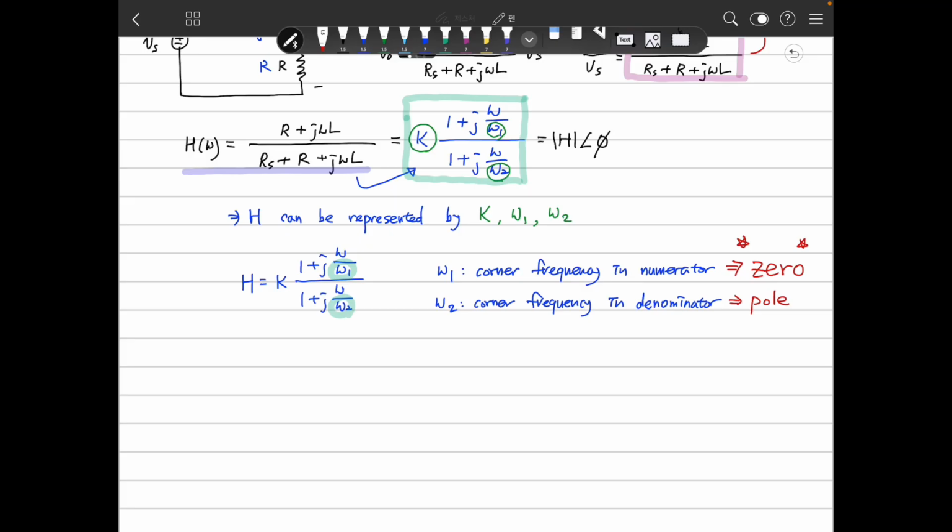Anyway, in this form, the characteristic is that the relationship between input and output can be represented by the three variables K, omega 1, and omega 2. We call K the gain, and we call it the DC gain.